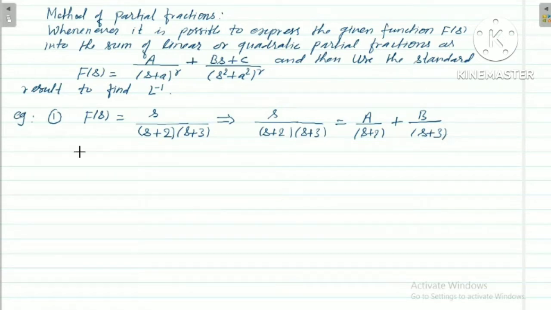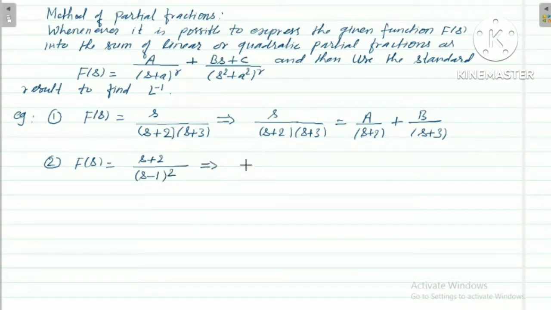Okay, now suppose this function is given like this. Suppose f of s is given as s plus 2 divided by (s minus 1) the whole square. Okay, ये तो लीनियर है, इसको लीनियर फॉर्म में कैसे एक्सप्रेस करेंगे?